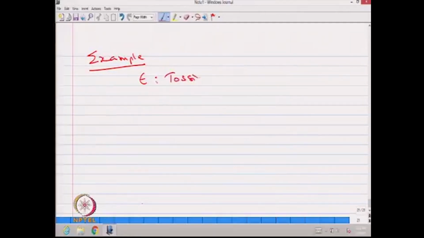The random experiment is nothing but a tossing of 2 unbiased coins.